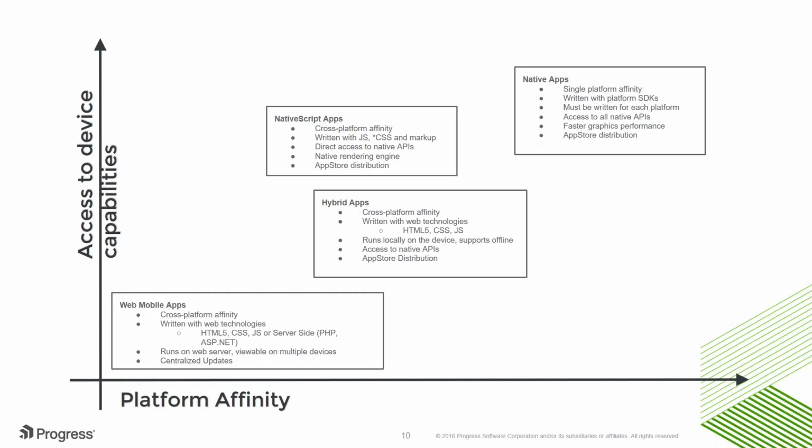Native apps: if I want to build a native mobile app, I will have to build specific code, and it can run only on that specific operating system. I will get all the hardware capabilities that I want, no problem with that. Then came hybrid apps, where we said, okay, I want to use HTML, JavaScript, CSS, but I want to build a mobile application. So Cordova wraps a web view around your code, and the code runs inside the web view, which is nothing but the browser rendering engine.